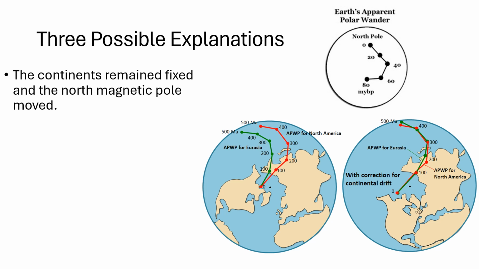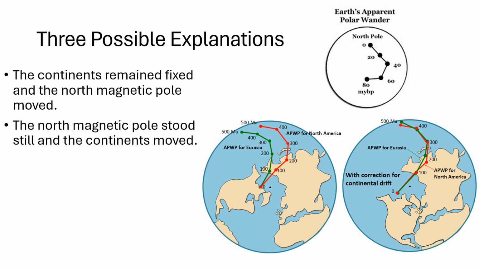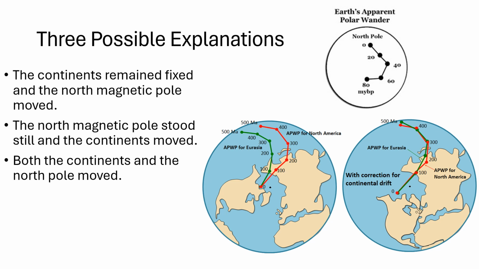Okay, that's possible. Another one, opposite. The pole stood still, but the continents are moving. Continents move, igneous rocks are formed, pointing to the North Pole. Another explanation. Then there's the third one. Both the continents and the North Pole moved. Okay, possible as well.